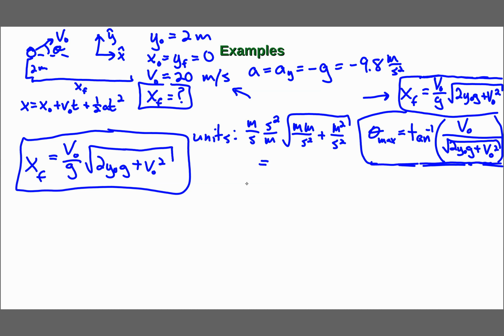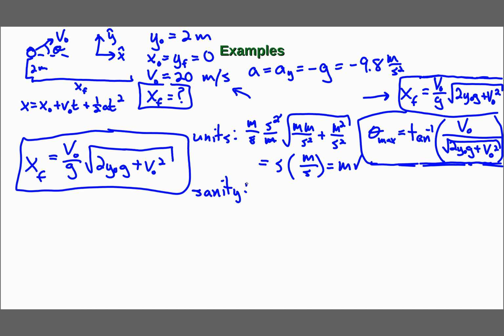And that's equal to, you can see these meters cancel, this second cancels one of these, that's seconds, times meters per second, which is equal to meters, as it should be. So that's great. Units work correctly.